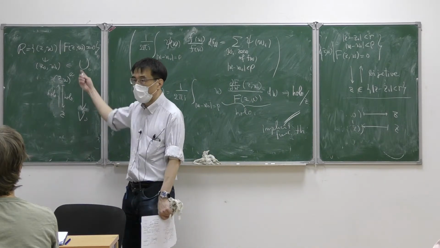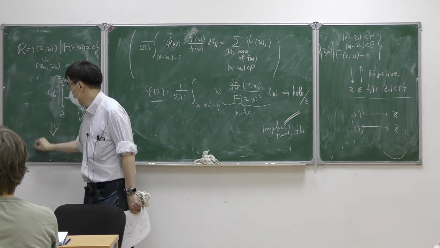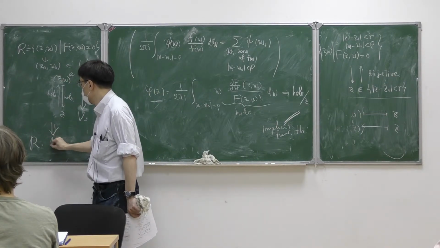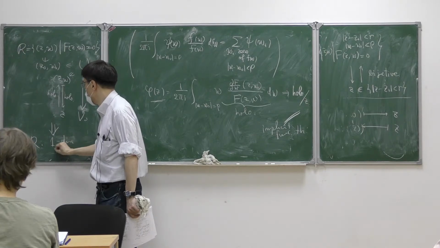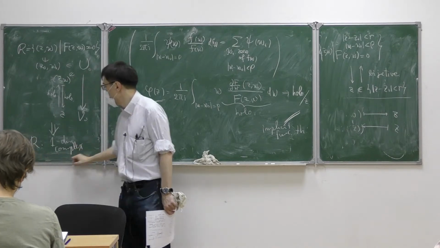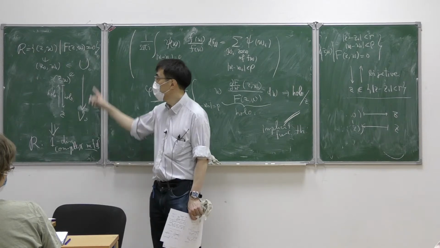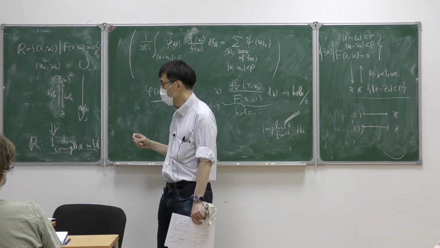So we can use such an atlas, and from here it follows that R is a complex manifold.